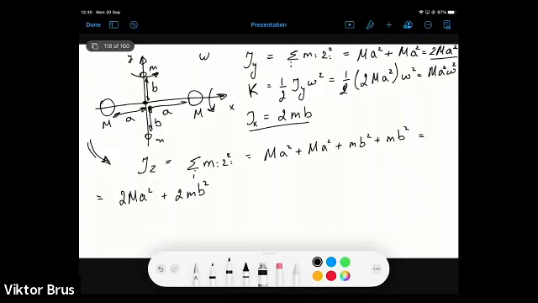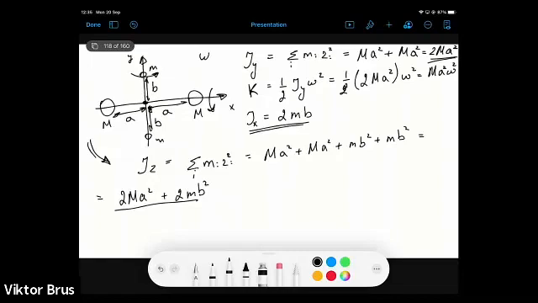So we see that for all axes of rotation, we get different values of moment of inertia, which is a good example that we cannot define moment of inertia without first defining the axis of rotation for any given system.